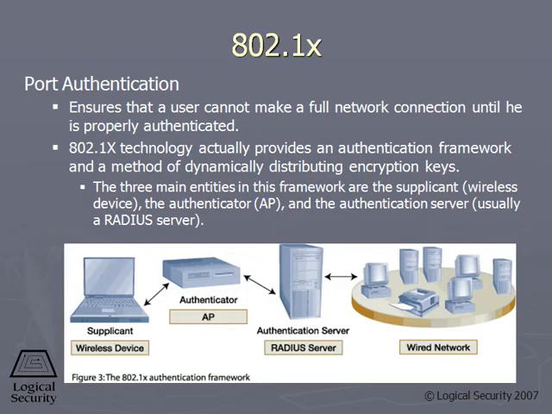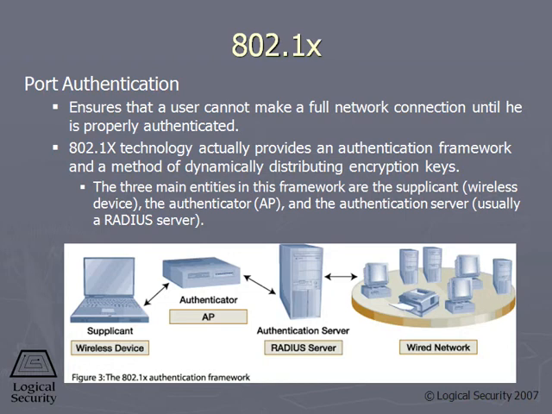So 802.1x, port-based authentication. Basically, this allows the client, and in 802.1x specifications, the client is called the supplicant. This is the wireless client that wants to connect to a wireless access point and access the network behind the wireless access point. So the supplicant contacts the access point and requests an association.